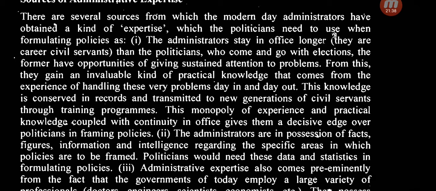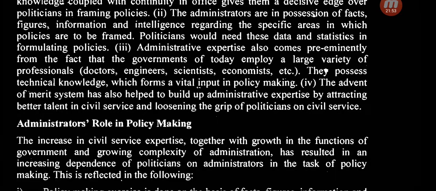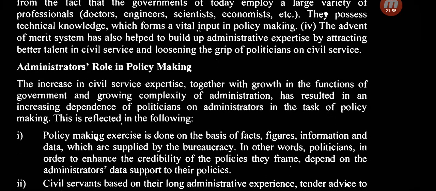Politicians would need these data and statistics in formulating policies. Third, administrative expertise also comes preeminently from the fact that the governments of today employ a large variety of professionals, doctors, engineers, scientists, economists, etc. They possess technical knowledge which forms a vital input in policy making.